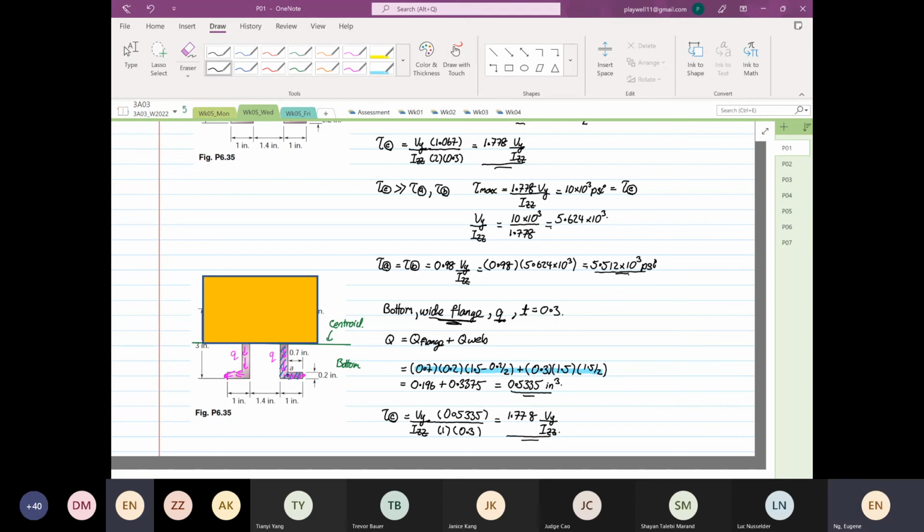I love this problem because it combines both the box beam and the wide flange. Because of the rules we have created, the first moment of area cannot cross the centroid. That's why we can partition them. Are we clear?